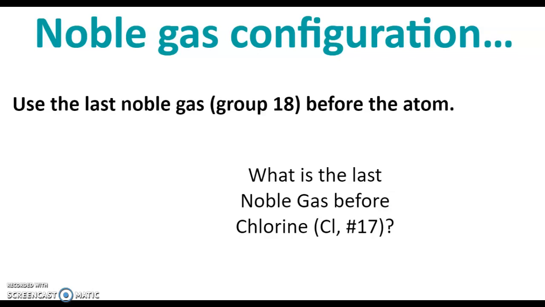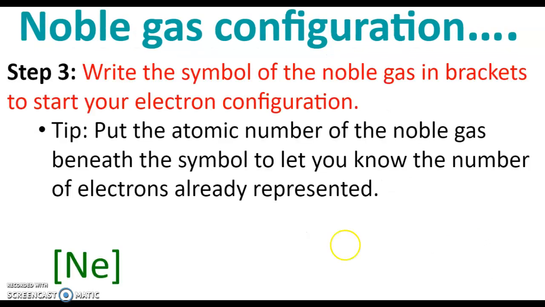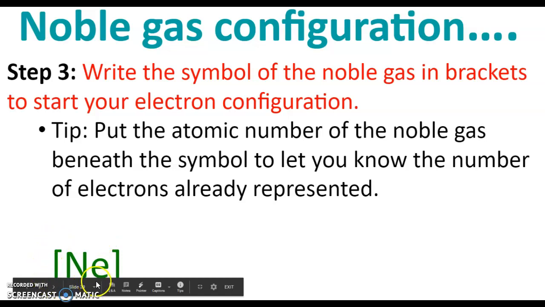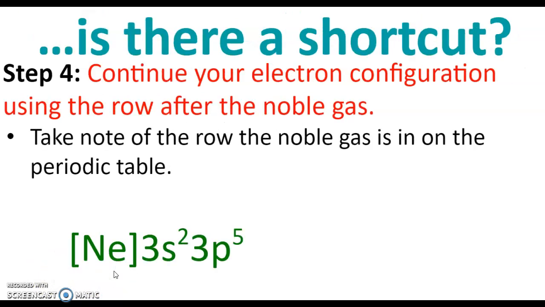The last noble gas, which is going to be on period 2, is going to be neon. And how you can shortcut this electron configuration is by putting it in brackets, so put neon, and then just continue on from that point. So after neon, it fills the 3s2 shell, then 3p5.